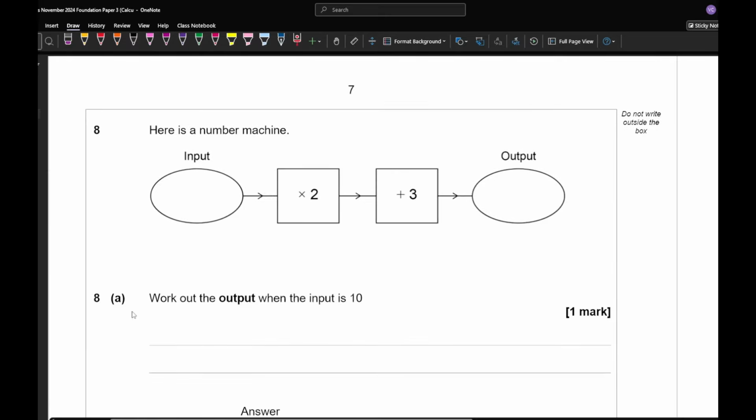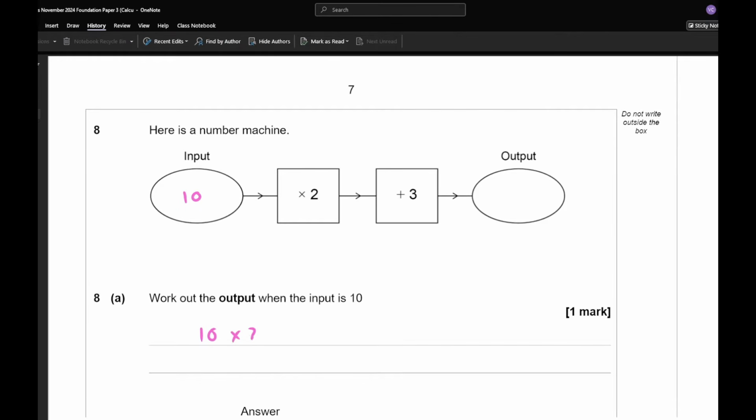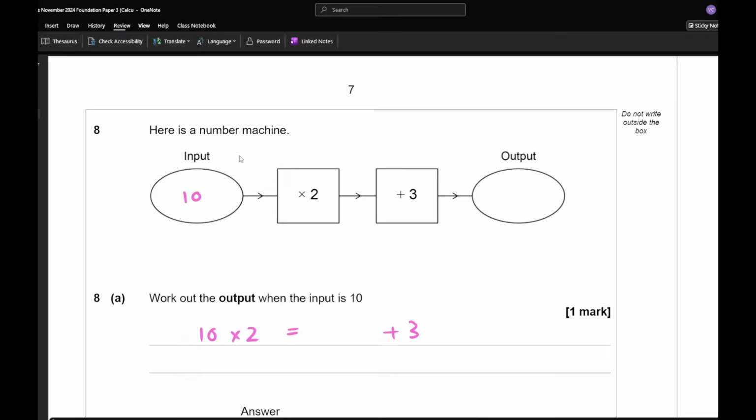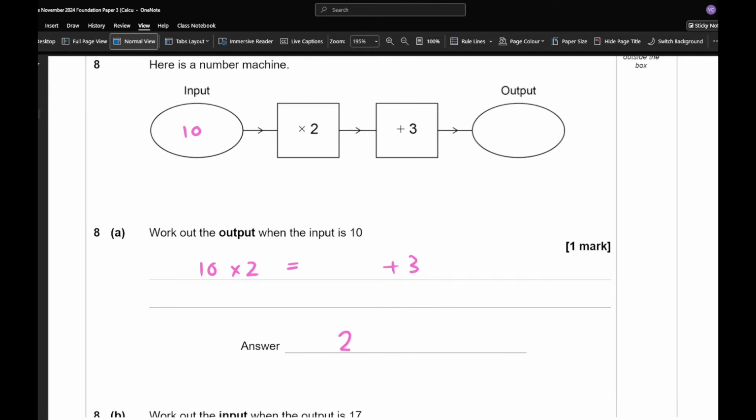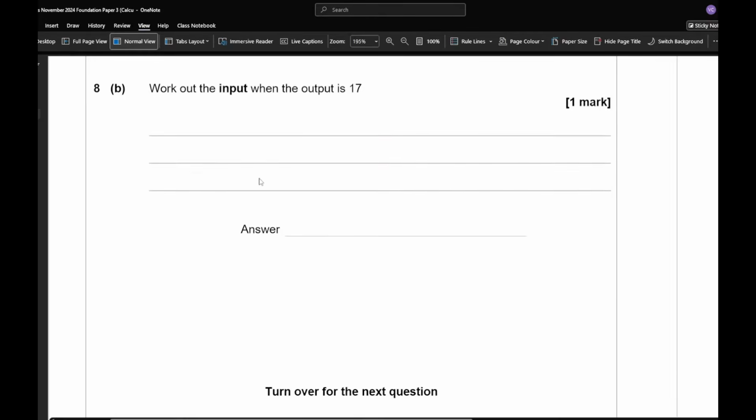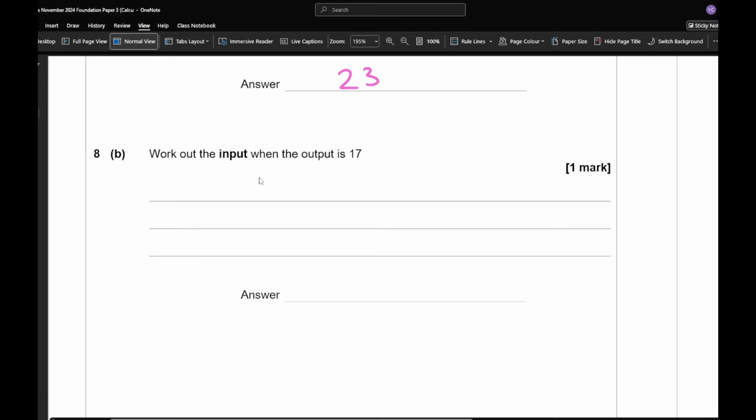Moving on to question 8, it says here is a number machine, and it says work out the output when the input is 10. So if I substitute 10 in as the input, I'm going to do 10 multiplied by 2, press equals, and then add 3 to the answer, in which I should have an answer of 23. Moving on to the next part of question 8, it says work out the input when the output is 17.